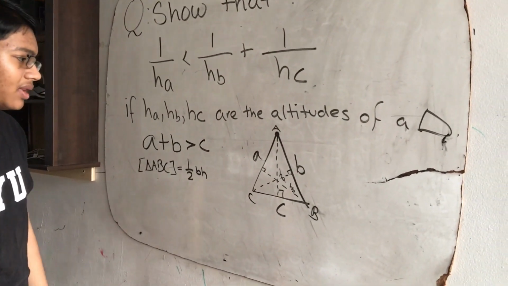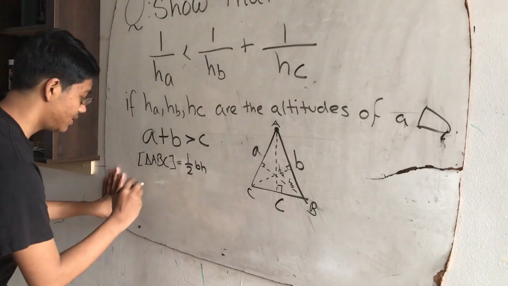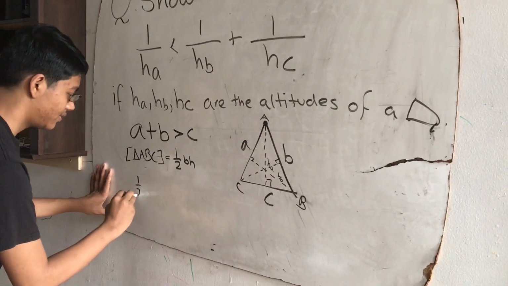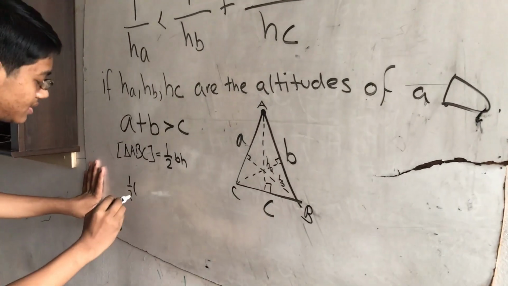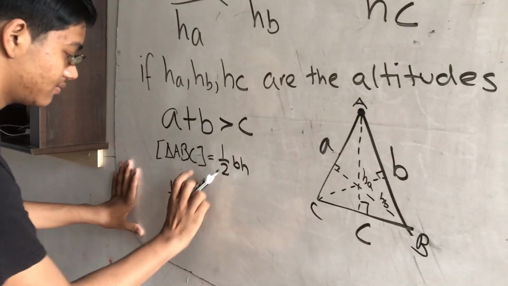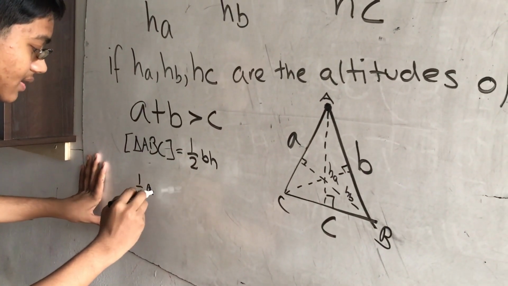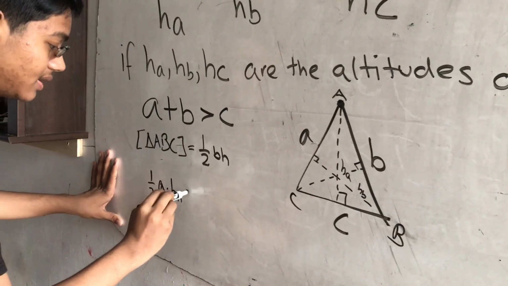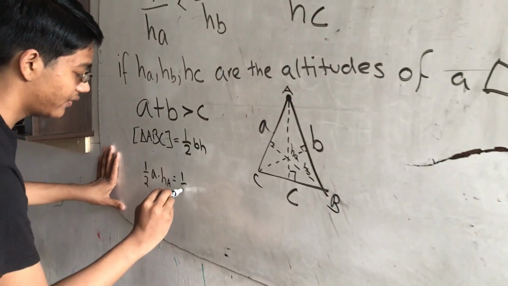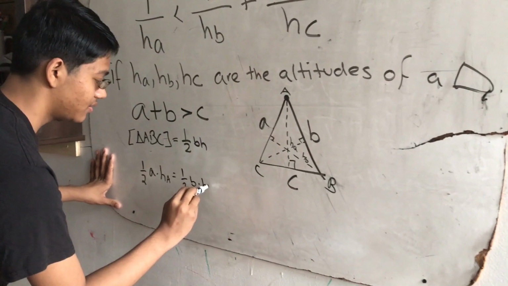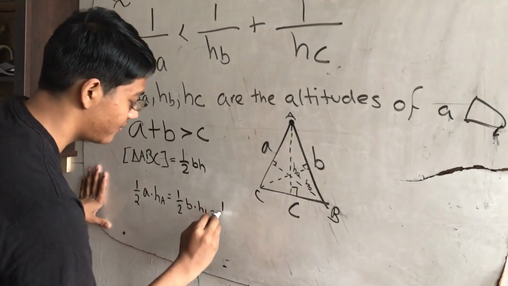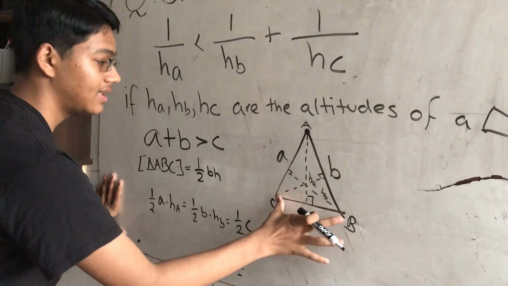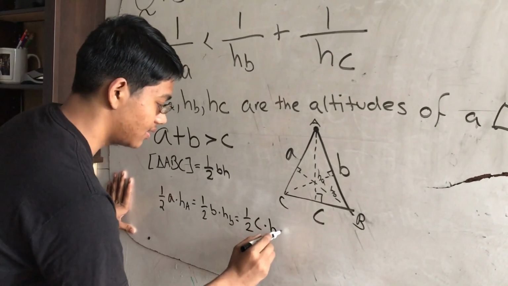So let's try this formula out. Let's use the first base: half of base A times altitude A is equal to half of base B times altitude B is equal to half of side C times altitude C.